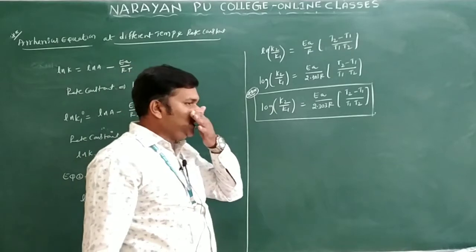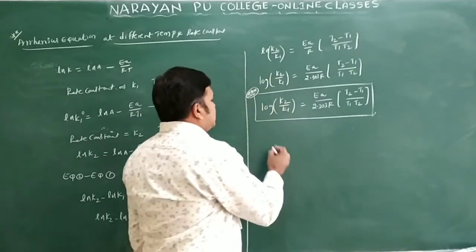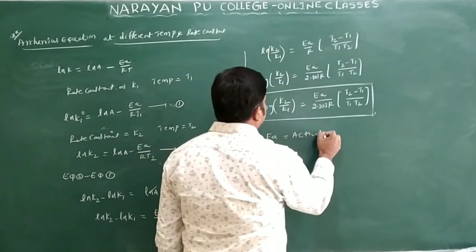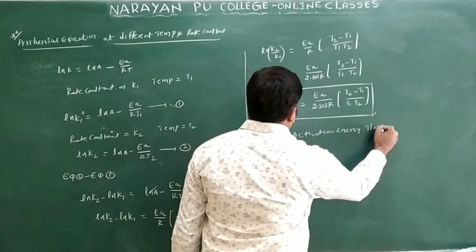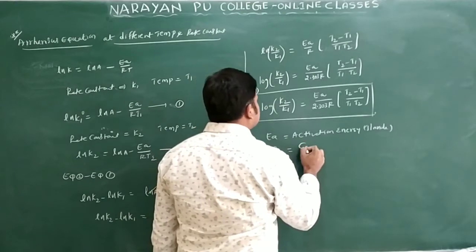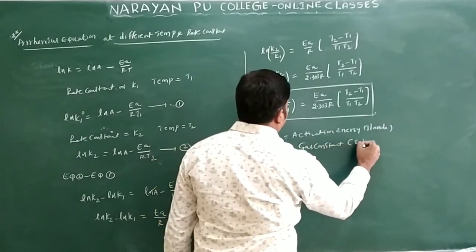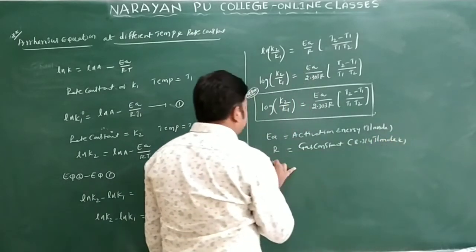From this, EA is the activation energy, in joule per mole. R is equal to gas constant, you can take 8.314 joule per mole Kelvin.